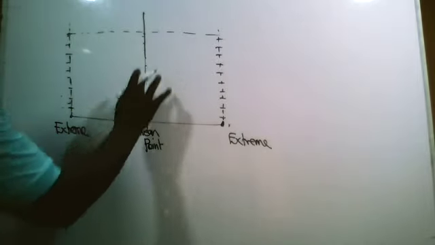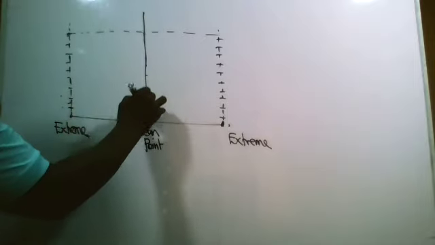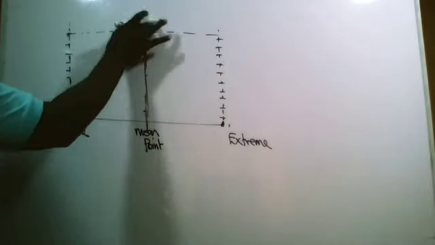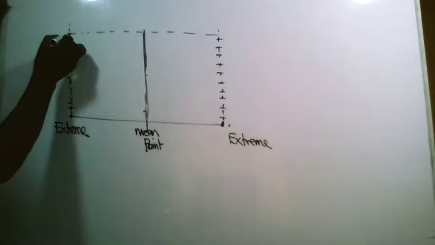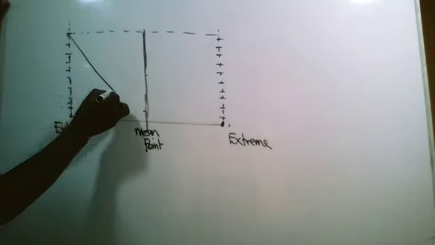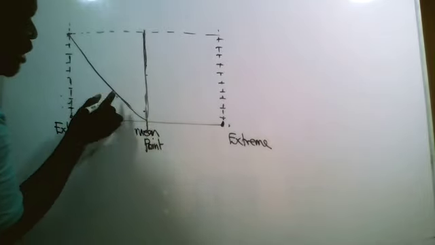When we get to the mean point, what is potential energy's value at the mean point? 0. Look at how the graph will look. It starts maximum from the extreme, then drops. By the time it gets to the mean point, it has dropped to 0.